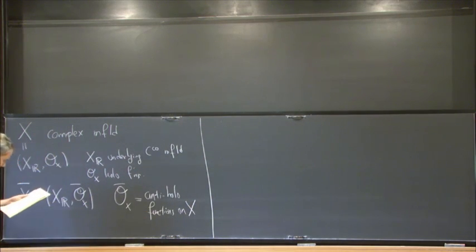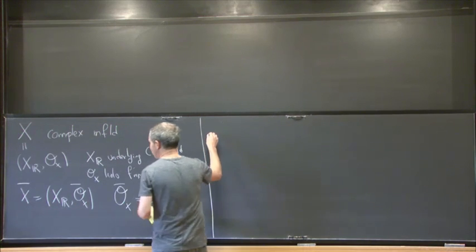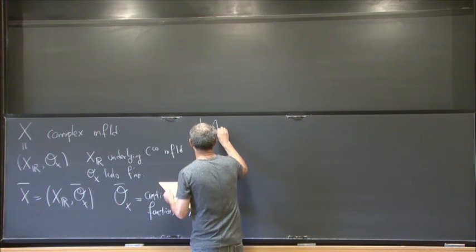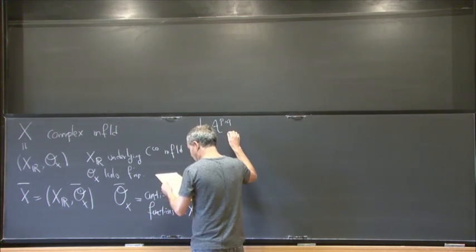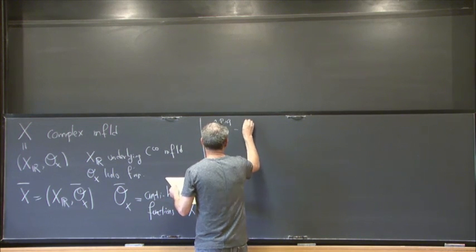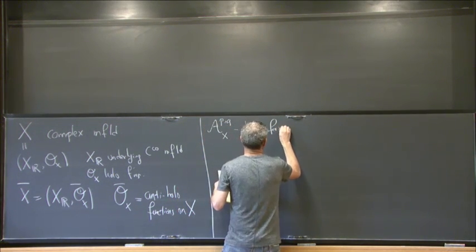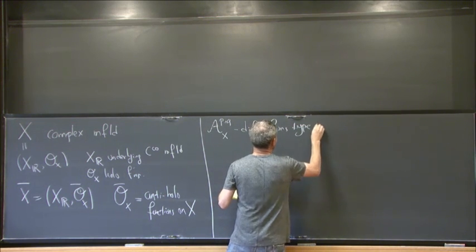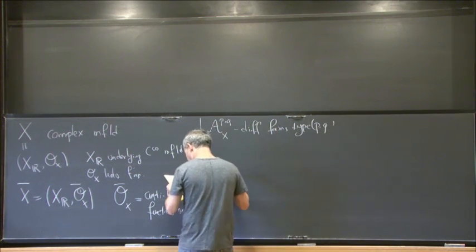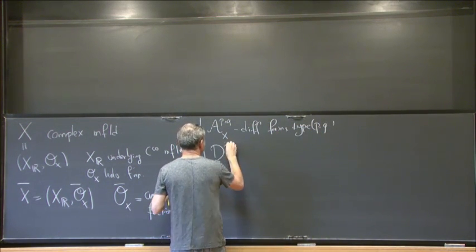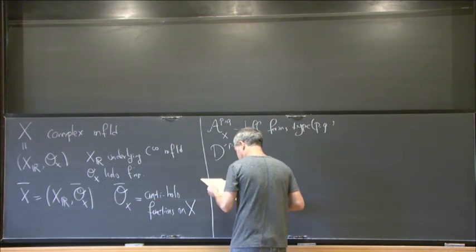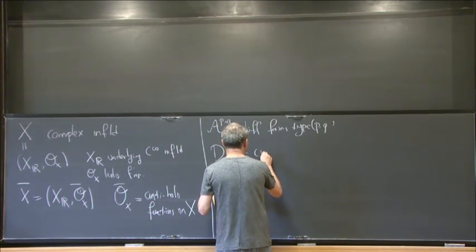Then you have all this other gadgetry that I should say something about. A^{p,q} is the differential forms of type (p,q), and D'^{p,q} is the currents of type (p,q).